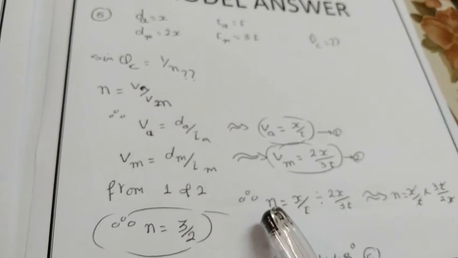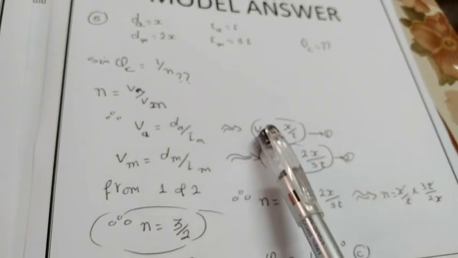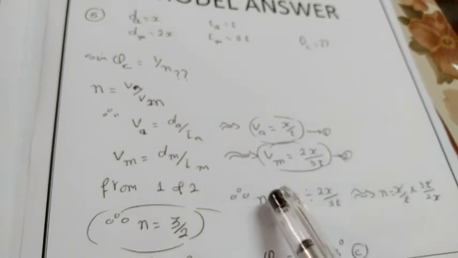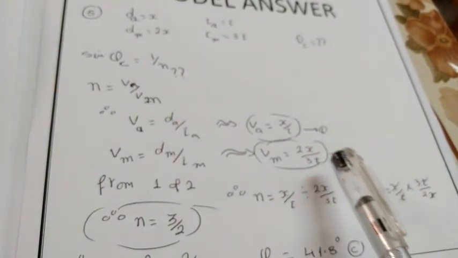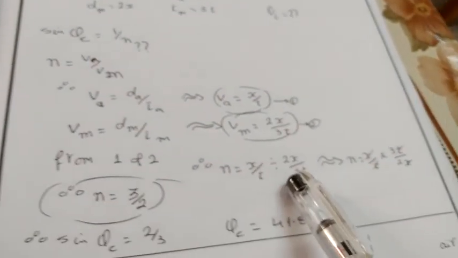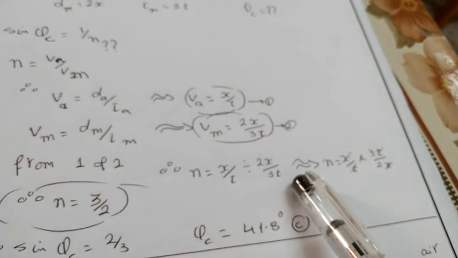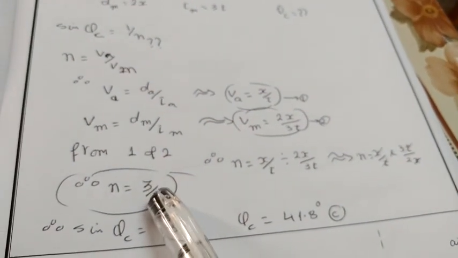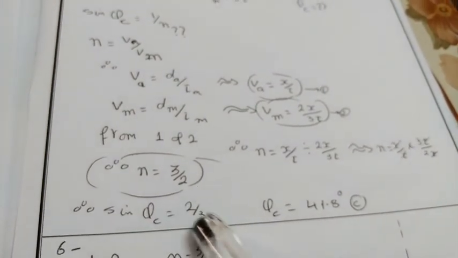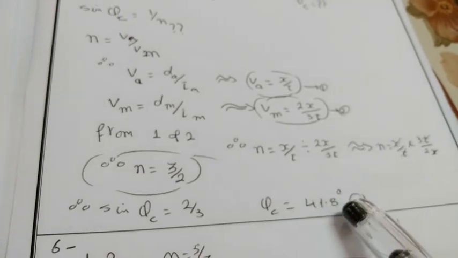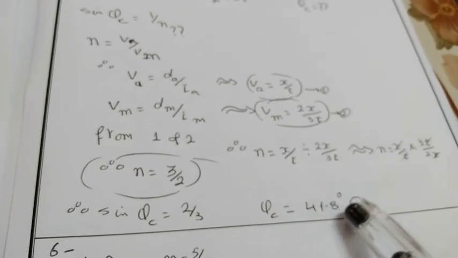From 1 and 2, n equals Va over Vm, so n equals x over t divided by 2x over 3t. So n will equal 3 over 2. Sine critical angle equals 1 over n, which equals 2 over 3. So the critical angle equals 41.8, which is number C.